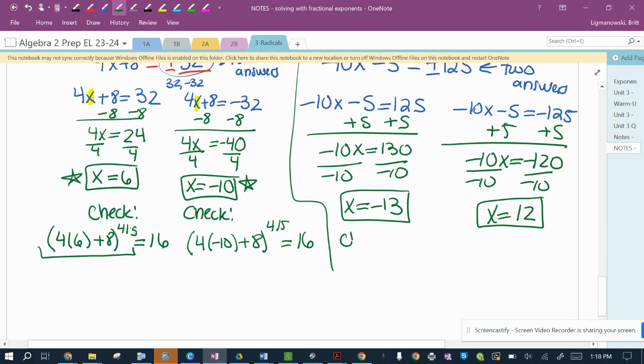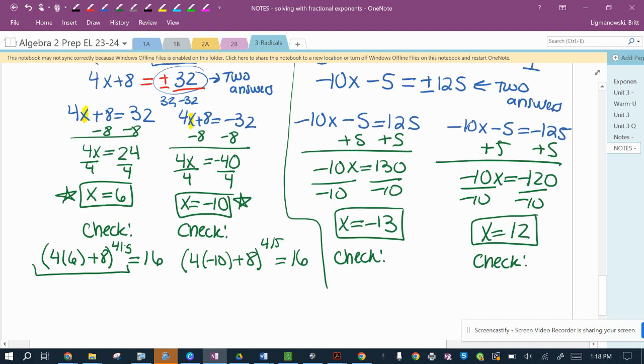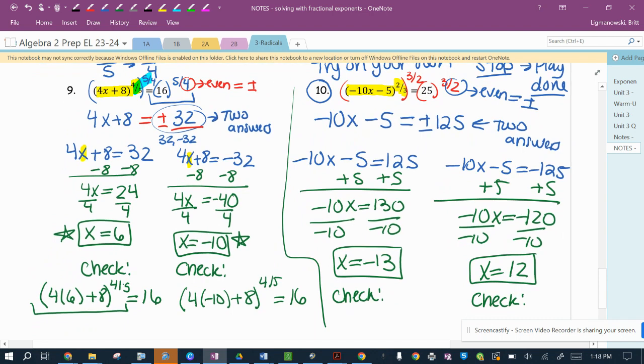And then we have to check. Okay, so we're going to have negative 10 multiplied by negative 13, minus 5, to the 2/3 power, and I'm hoping it equals 25.